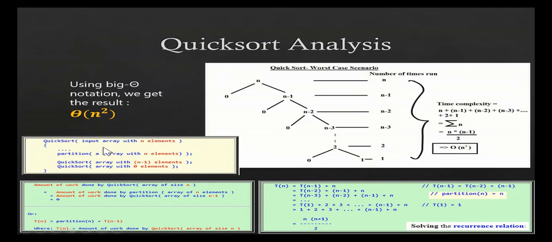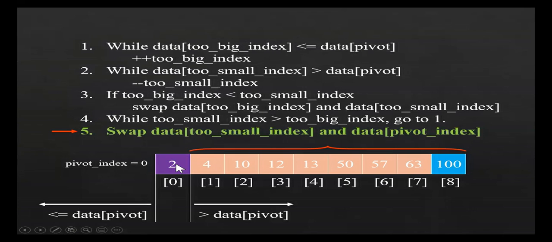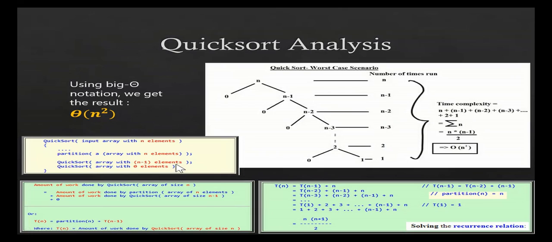In that case, quicksort makes a partition with n elements. Then after the partition, it sees that the rightmost subarray contains n minus 1 elements, right? And the left array contains no elements, right?